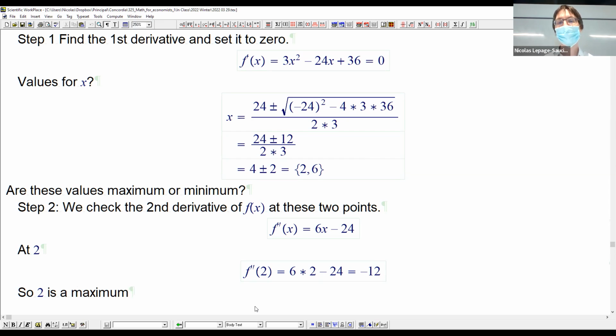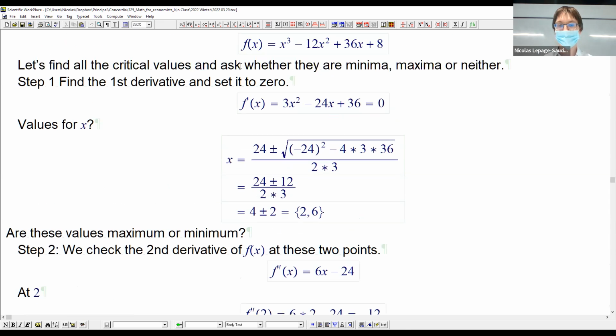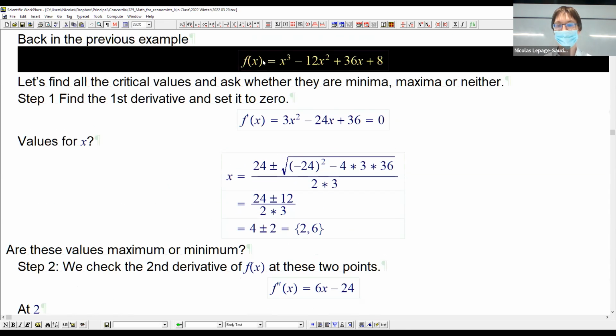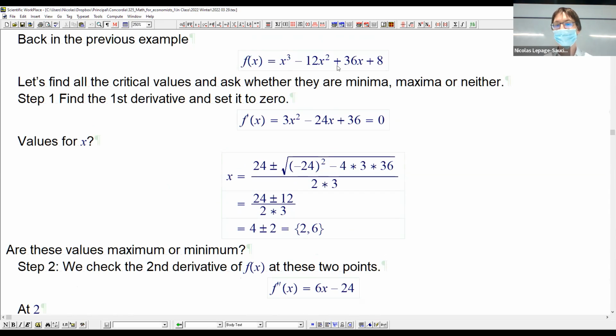And normally, since this is a second order function, then it should look like something like this. If I have 2 critical points, I could have something like an inflection point, but if I have two critical values where the first derivative equals 0, then it should either look like this or look like this.